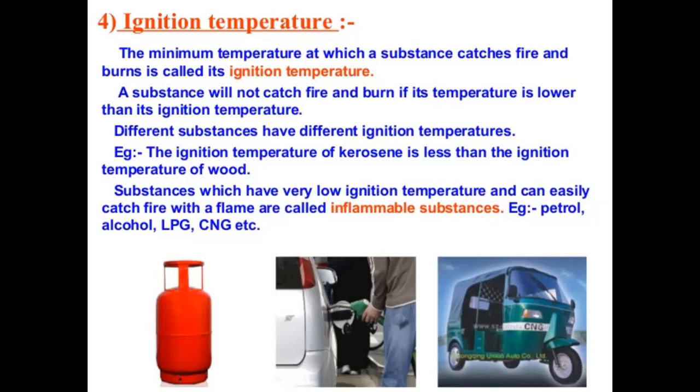So it depends upon the ignition temperature of the different substances, how much temperature is required for them. Here is one example. The ignition temperature of kerosene is less than the ignition temperature of wood. As I gave you the example, a spark is enough for kerosene.